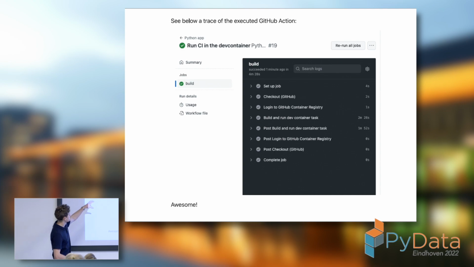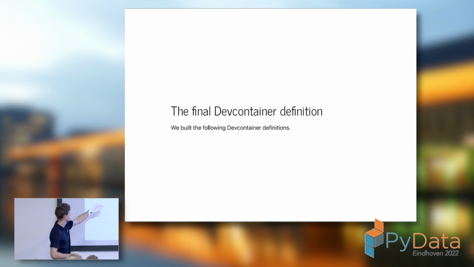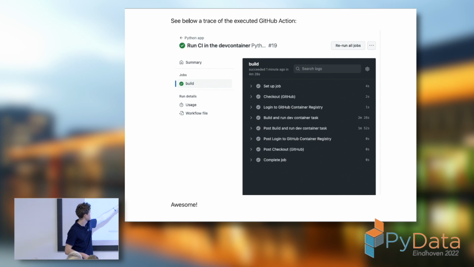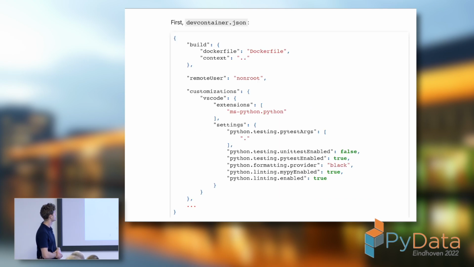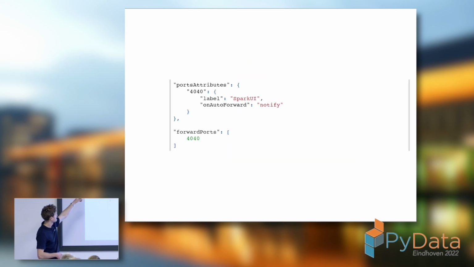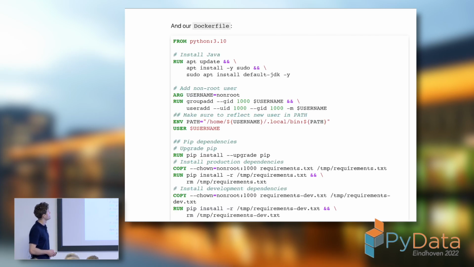This is nice. It just shows a GitHub action trace, where in the middle it says build and run Devcontainer task. All right. So what is the final definition? We have this entire devcontainer.json file with some keys: build, remoteUser, and customizations, and then also portsAttributes and forwardPorts.